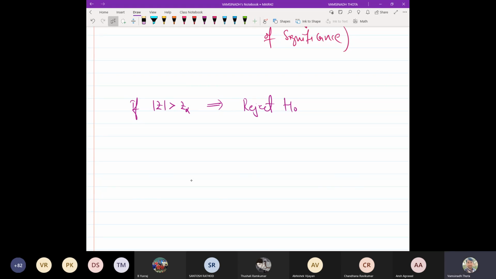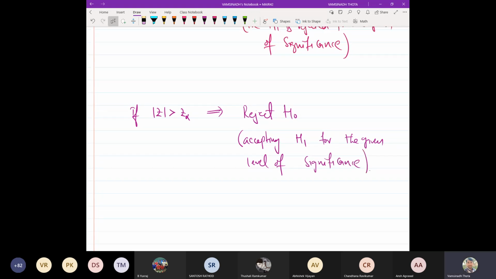Rejecting the null hypothesis obviously means accepting H1, the alternate hypothesis. That means H1 is accepted for the given level of significance.